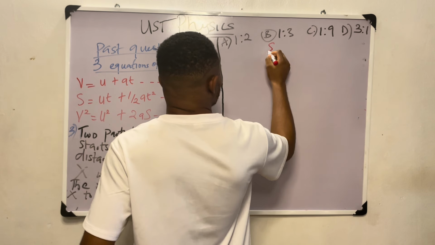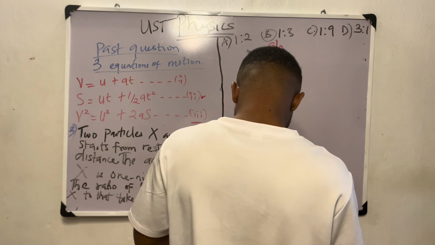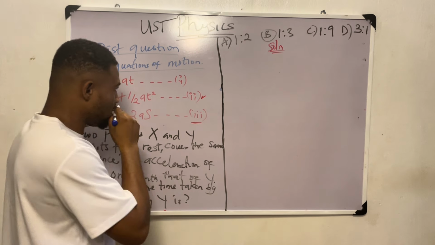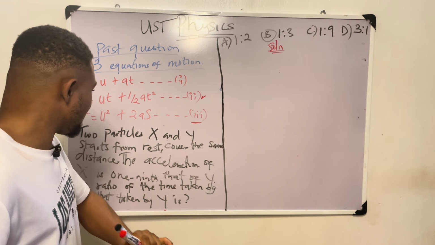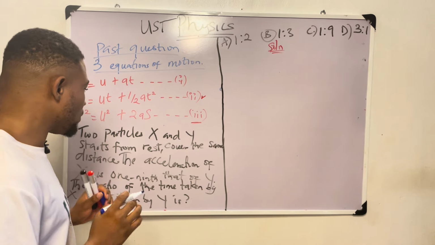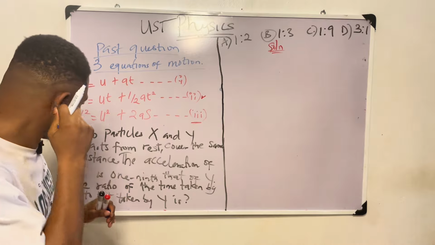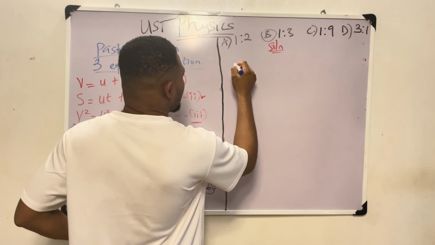So, solution. Let's analyze. Let's bring down the parameters first. They say both of them cover equal distance, so distance is the same and we will not touch the distance. They said the acceleration of X, we'll put it AX.